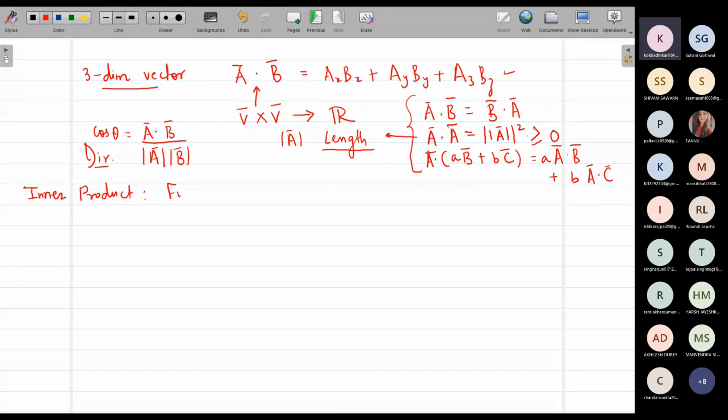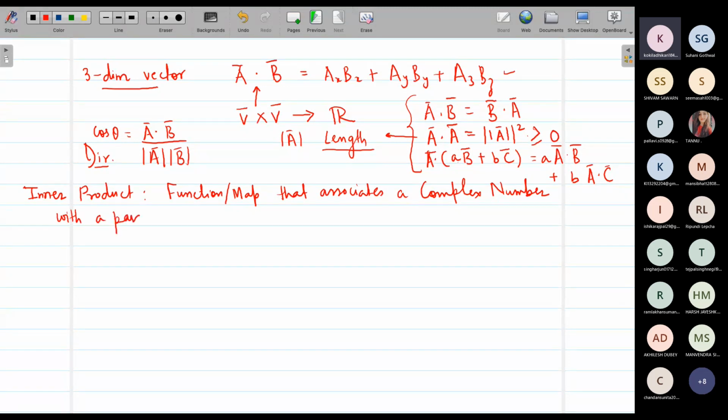It's a function or a map that associates a complex number, instead of a real number, with a pair of vectors.